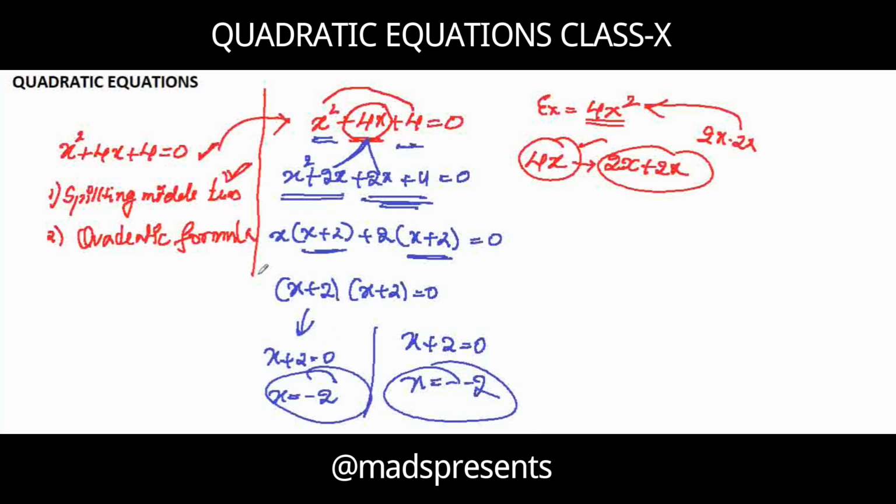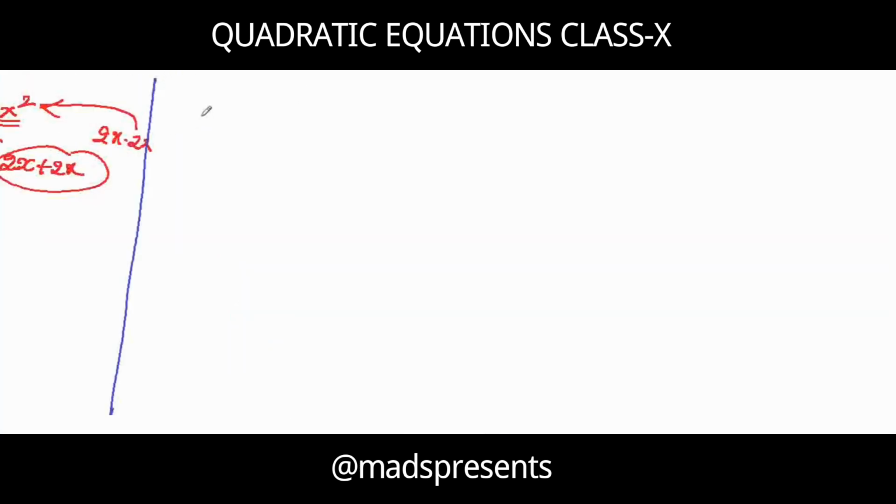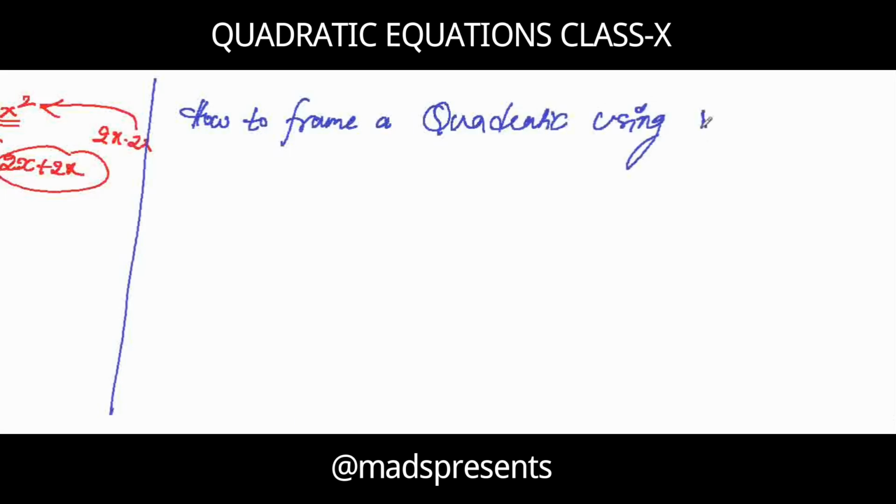So in our previous classes, we found roots of a quadratic equation, but today's class is different. How to frame a quadratic equation using roots. We know a quadratic equation consists of two roots. Let's take them as alpha and beta.